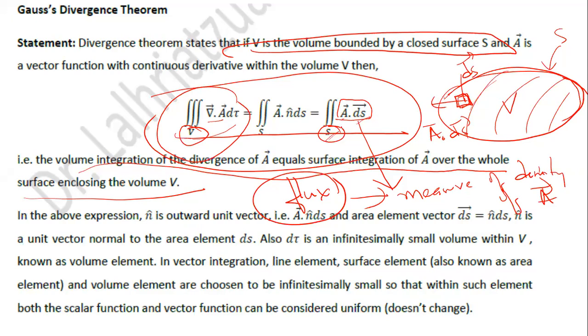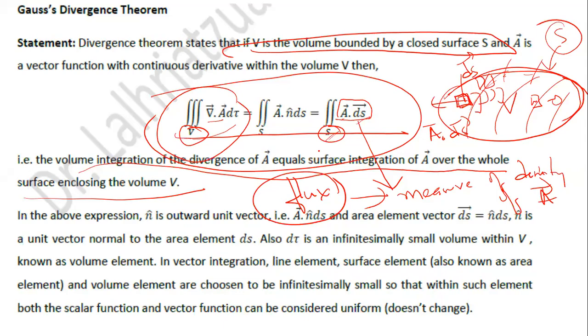But when you perform the surface integration over the whole surface, then you are summing the flux over all the surface S. So the right hand side gives the total flux, a measure of the density of the vector field over the whole surface.